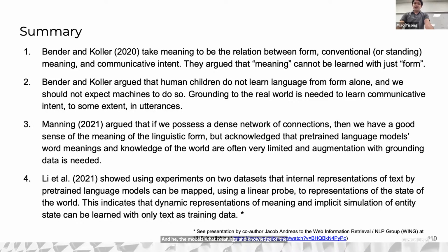And then finally, the Li et al. paper showed, using experiments on two data sets, that models can learn dynamic representations of meaning and implicit simulation of entity states, even if your models are trained using only text as the training data. So that's what happened.